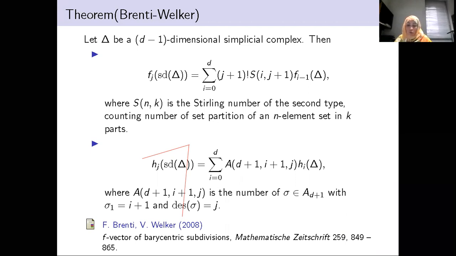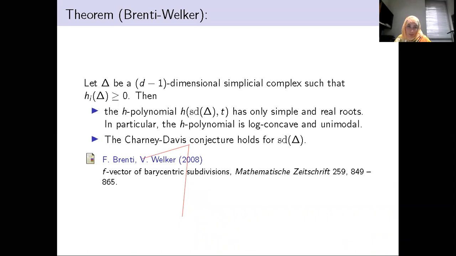To answer such questions, there is another result which gives the main motivation to study these things, because they have proved more than that: this h-polynomial is real rooted and only has simple roots, which means no roots of multiplicity greater than or equal to 2.